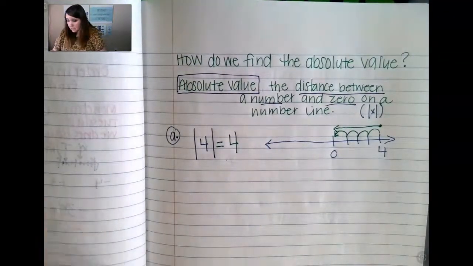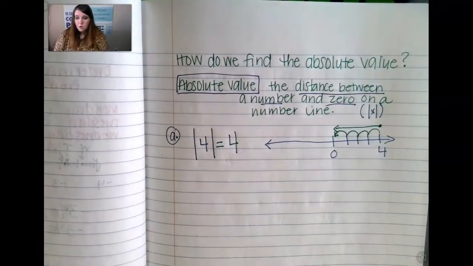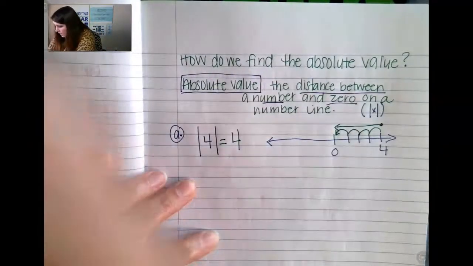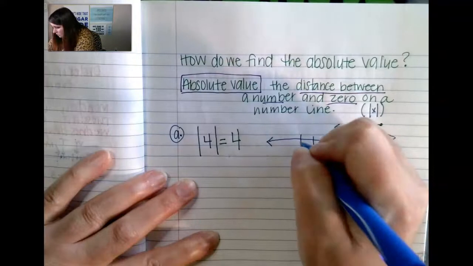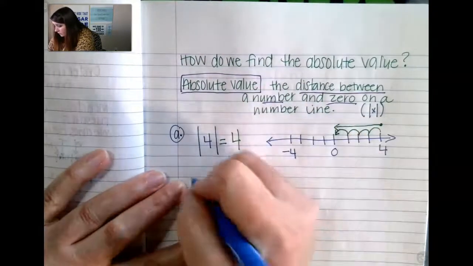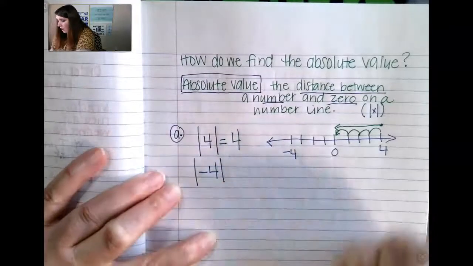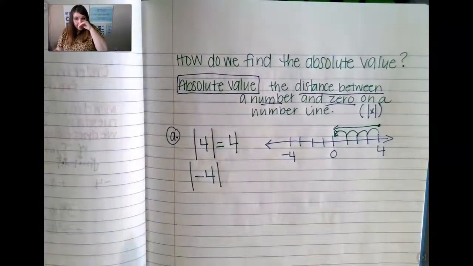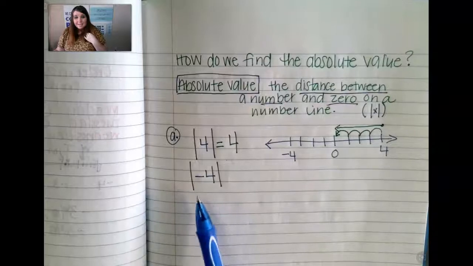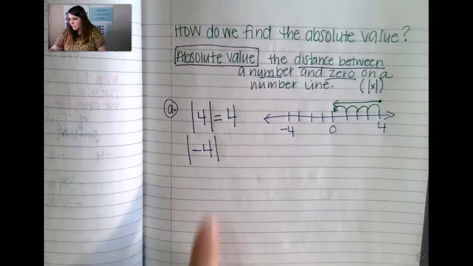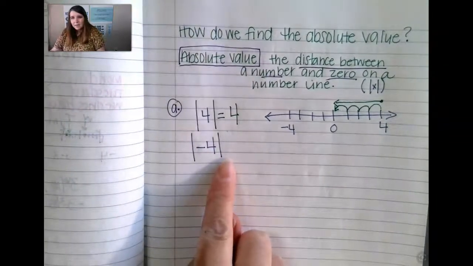Now let's talk about the absolute value of negative 4. Again, I have a negative 4 in these lines, and I want to know what is the absolute value of negative 4.